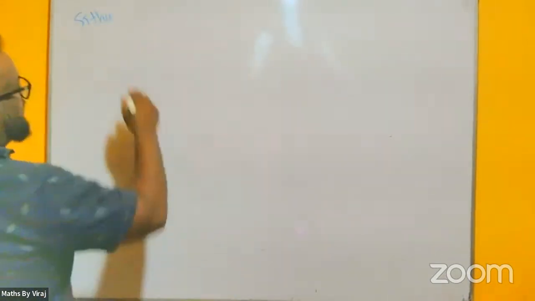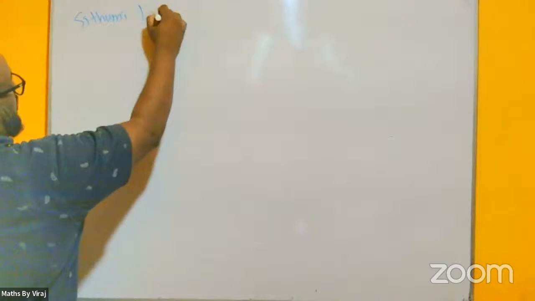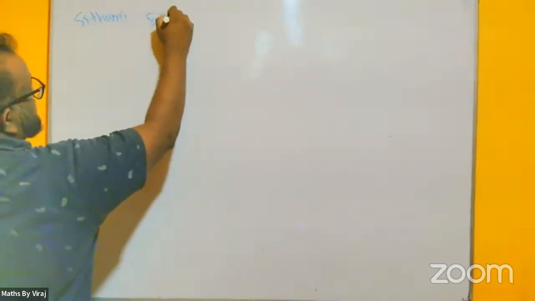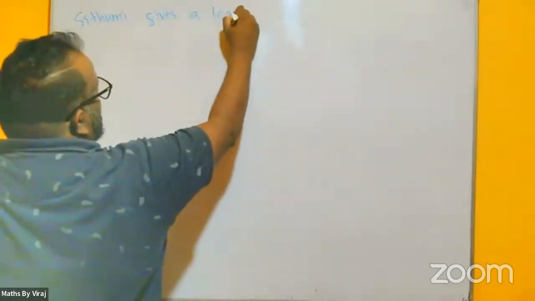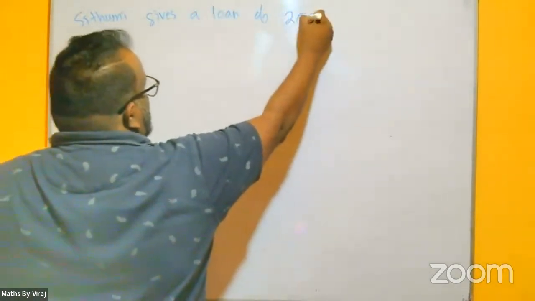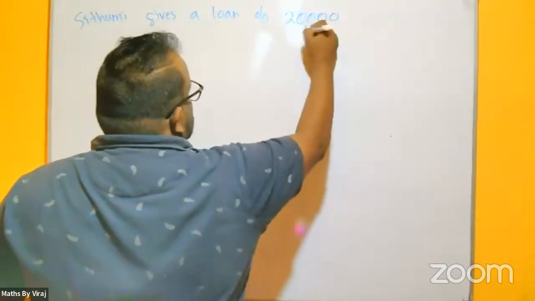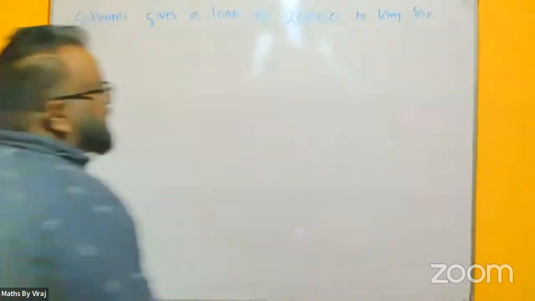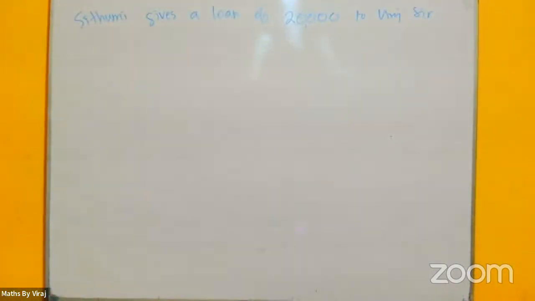Situmi gives a loan of 20,000 to Viraj sir.